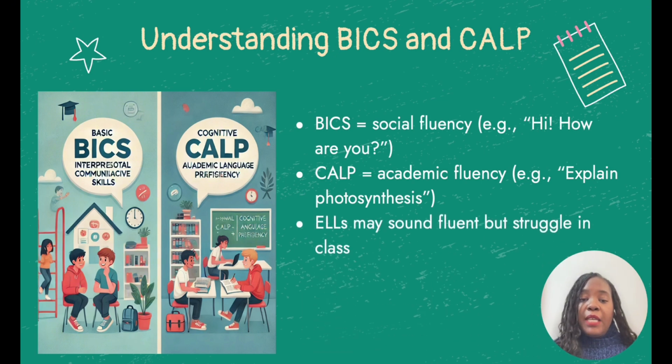This disconnect can be especially problematic because ELL students who appear fluent socially but underperform academically may be mistakenly perceived as lacking intelligence, or worse, misidentified as having learning disabilities. In reality, what they often lack is not cognitive ability, but access to and support in developing academic language.